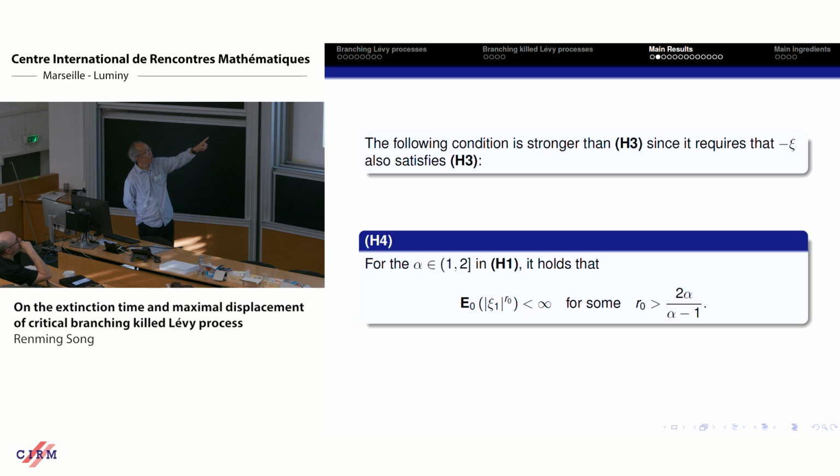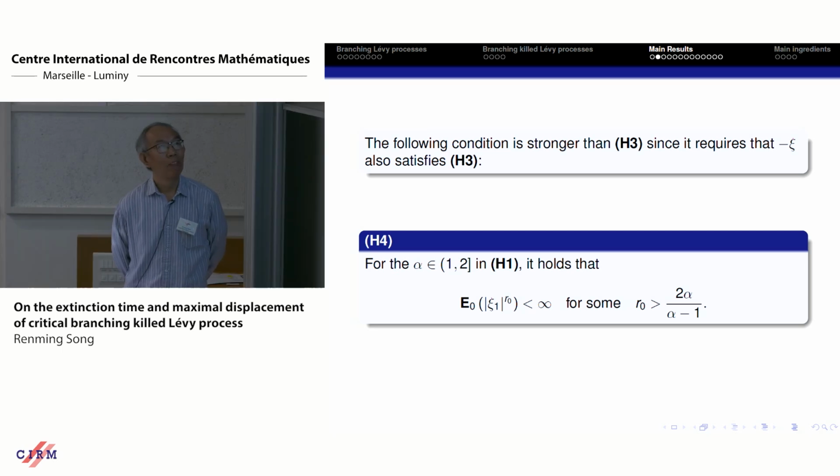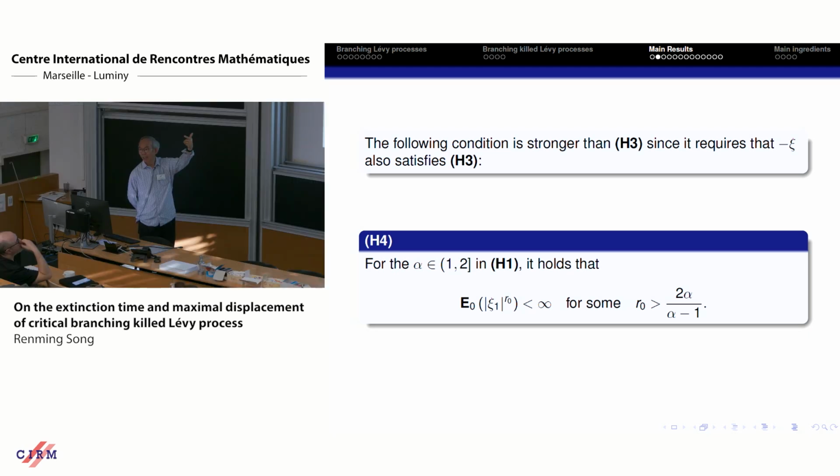Basically, assume that the absolute value of the Levy process satisfies that moment condition with R0 satisfying the same condition. Remember, we're assuming the offspring distribution is in the domain of attraction of an alpha-stable law, so this alpha is the same as in H1.